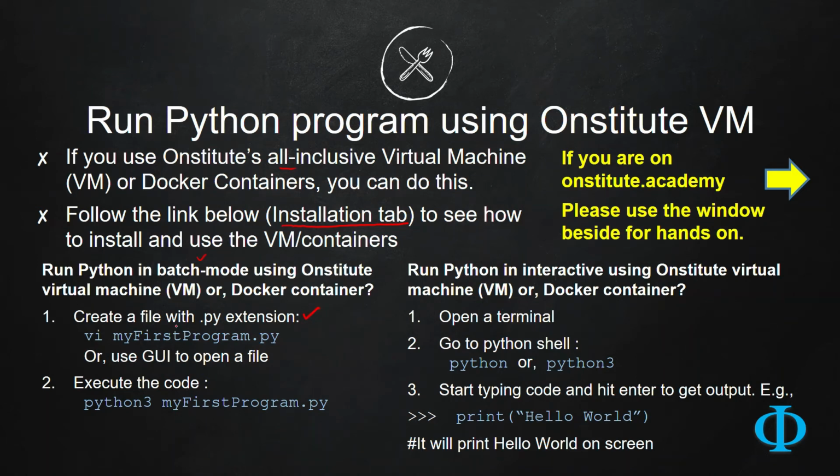Here in this command, I am showing the Linux command to do that, where you can use vi, that is the vim command, to open a Python file, or you can also use the GUI to open the Python file. And then you can execute the code using this python3 command.